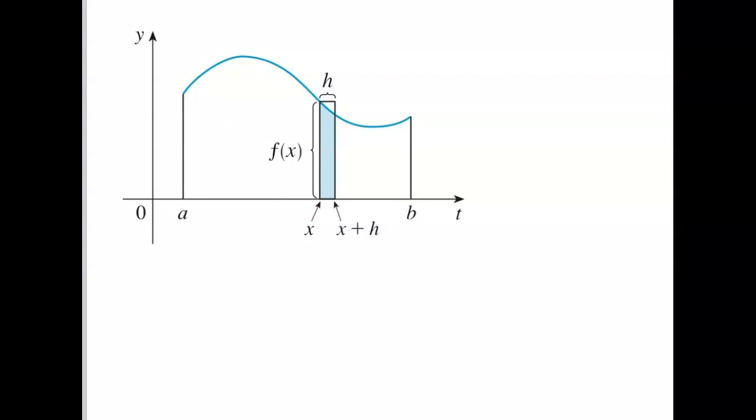Here's what I'm going to do. I'm going to start with this graph. We're going to develop the fundamental theorem of calculus here. In that graph, this is just an arbitrary graph between A and B. I drew a rectangle, okay? And then I shaded the area under the curve on that interval, right?